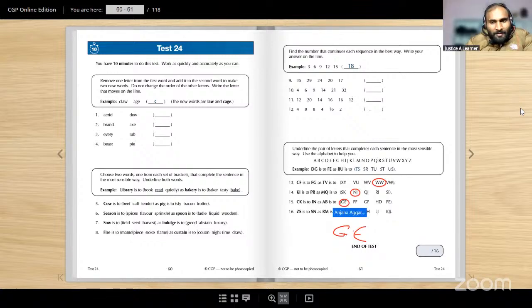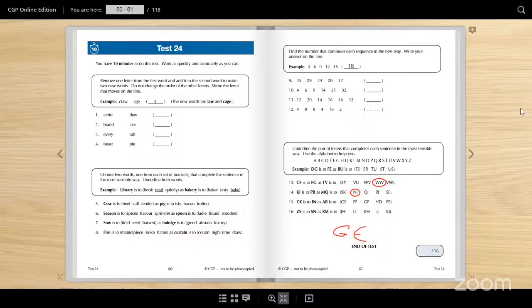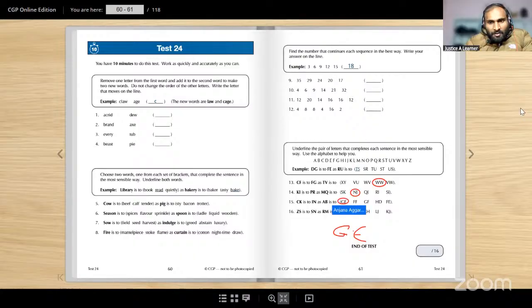Are you writing all of them? What did you say? I asked you what is the mirror letter for, or mirror pair, like for P?